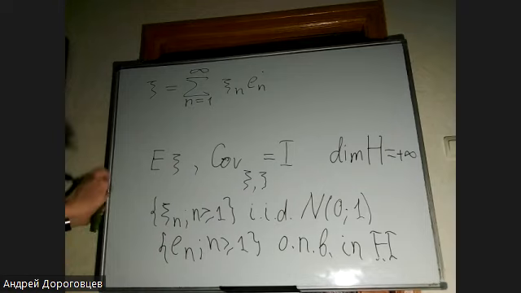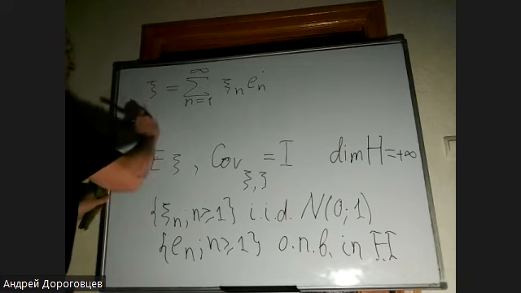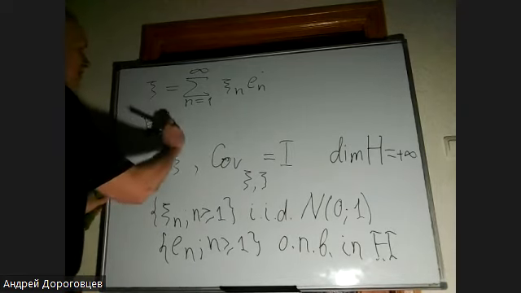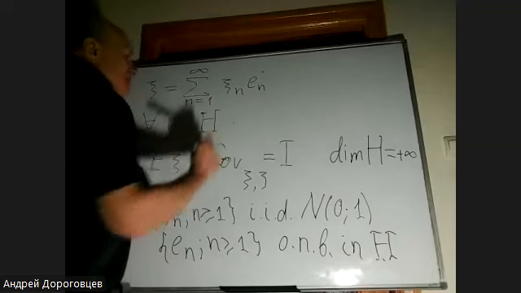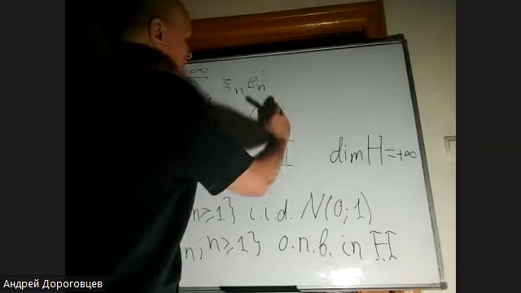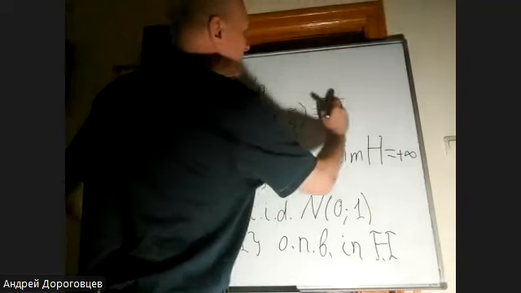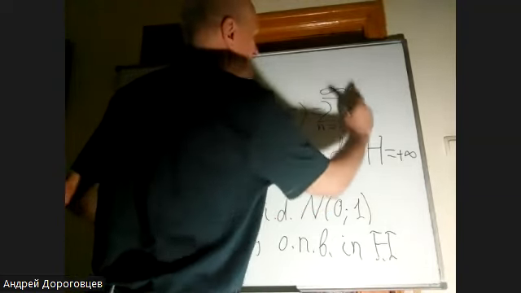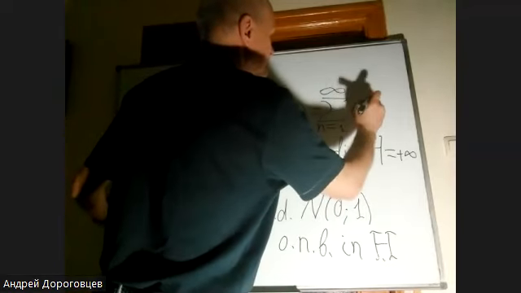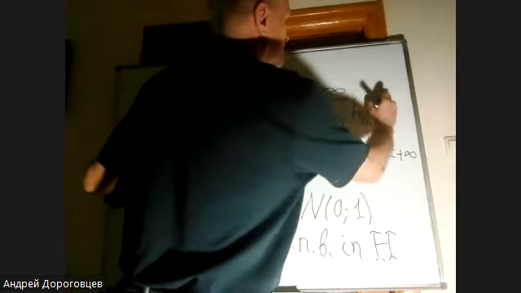But despite this, one can define for any element h of H the scalar product (h, psi), which is equal as usual to the sum from n equal 1 to infinity of (h, e_n) psi_n.